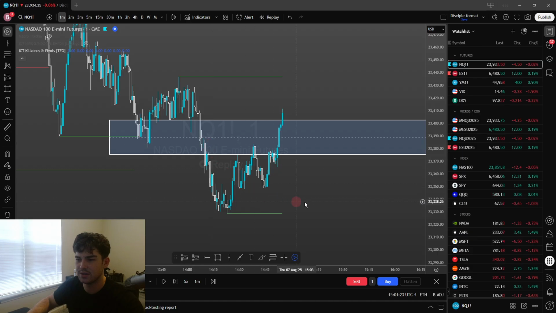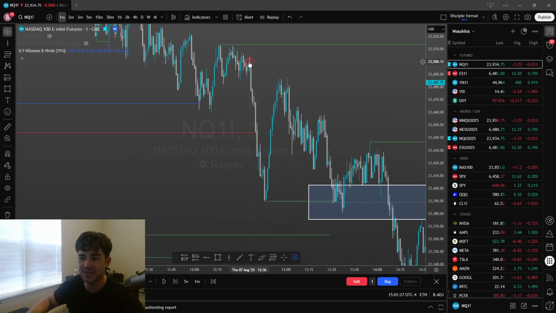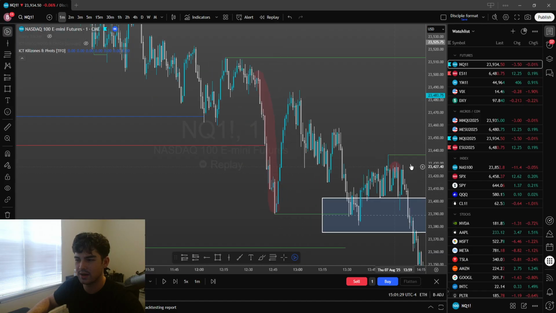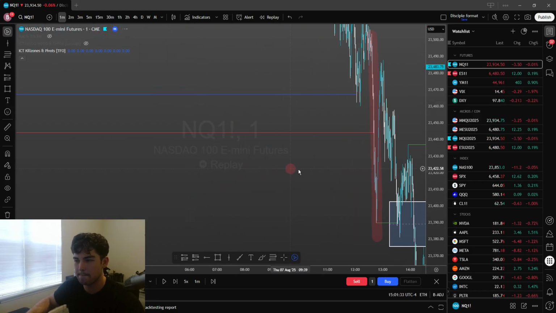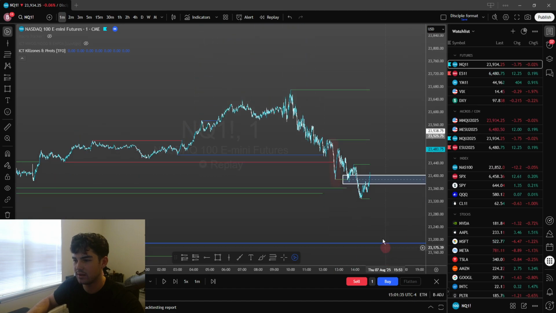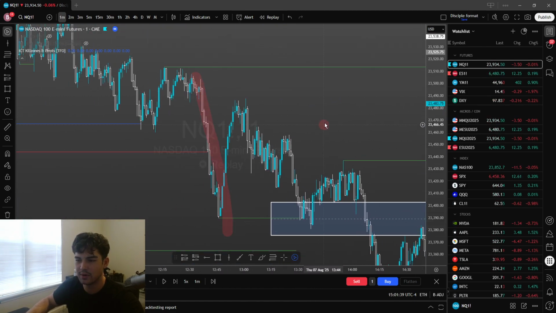This looks bullish, okay? So you see this price action right here? Look at this, okay? This is strong bullish pressure, obviously, right? Like, this is a strong move, okay?